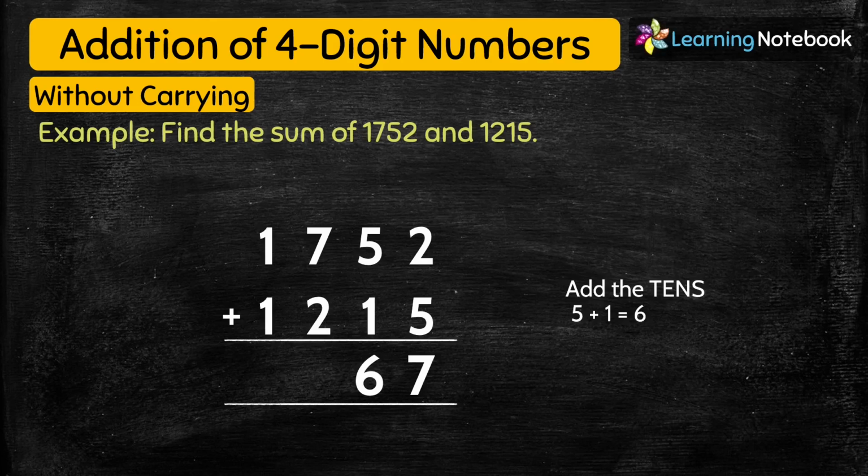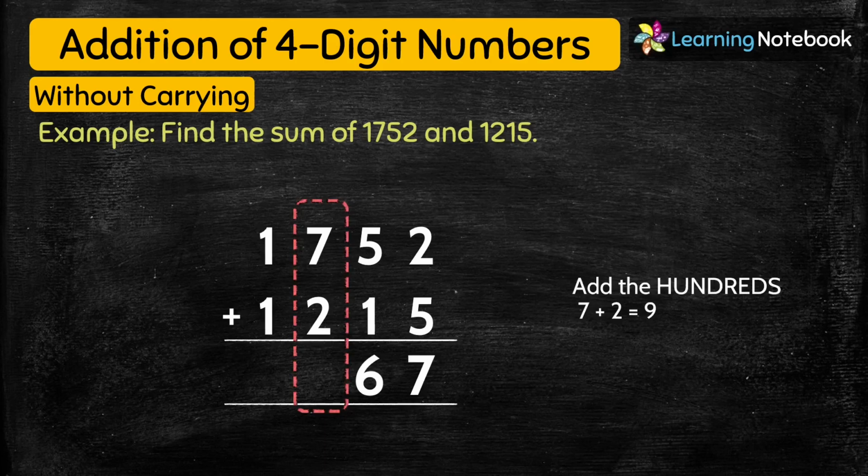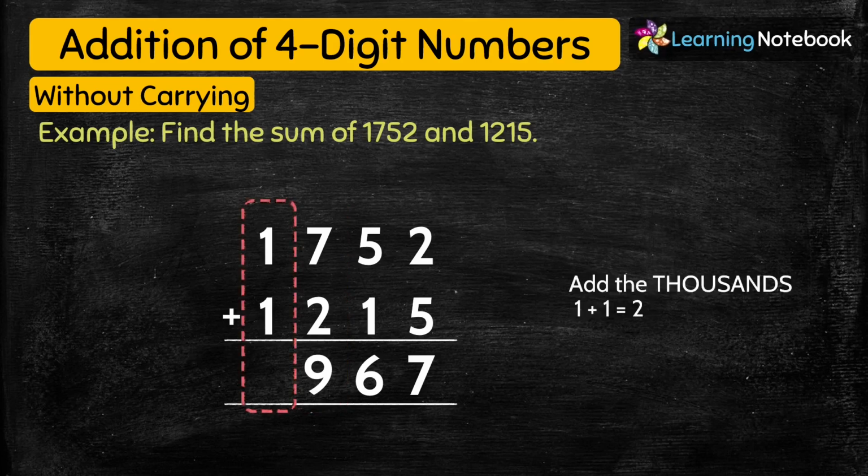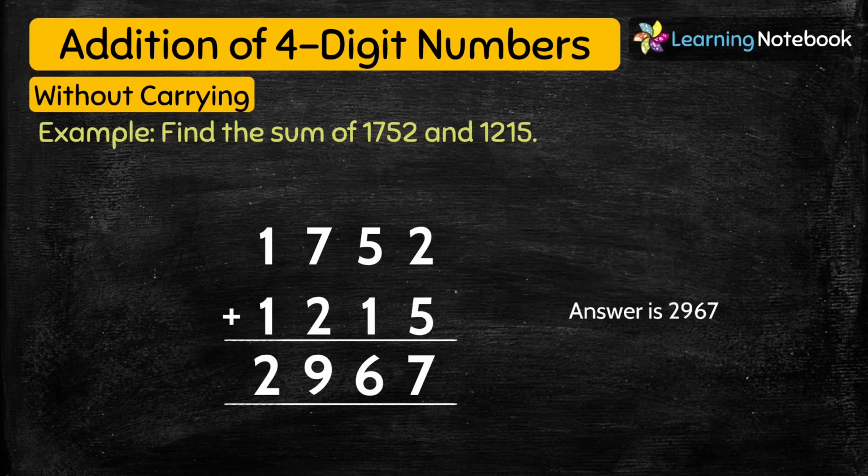Now, let's add the digits at hundreds place. 7 plus 2 equals 9. And then we will add the digits at thousands place. 1 plus 1 equals 2. So students, our answer is 2967.